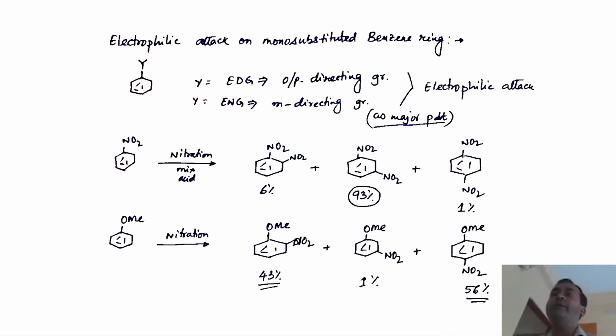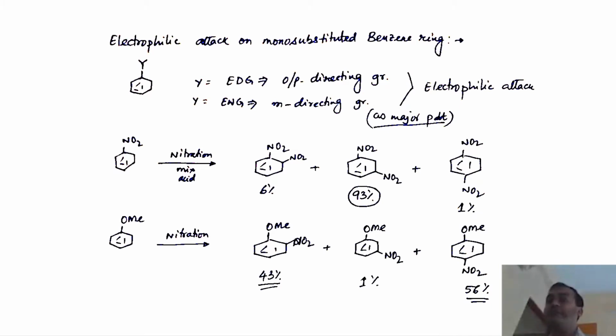But the point that I want to mention from these two examples is: which reaction will be faster? The reaction for anisole will be much faster than the reaction for nitrobenzene. That is because in case of anisole, the plus R effect of OMe gives electrons to the system.